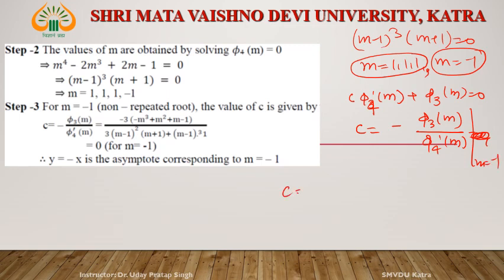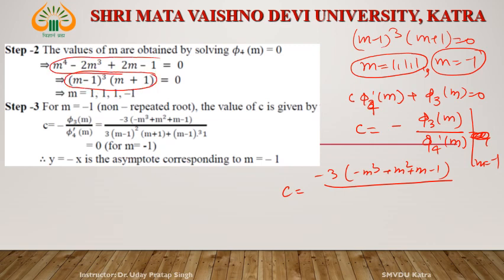Then C is equal to minus phi 3m divided by phi 4 dash m. This is phi 4.